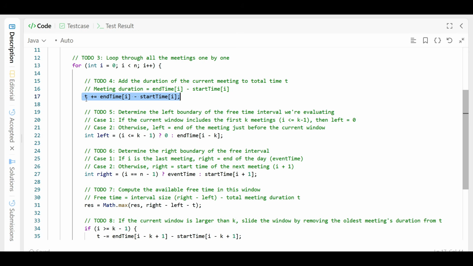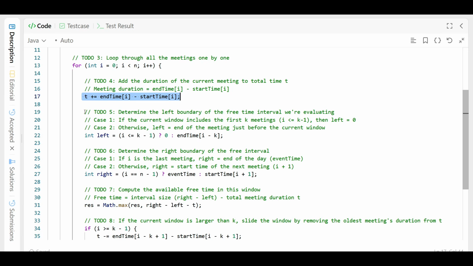So this is the duration that we add for the current meeting. We take the end time minus the start time of the meeting, so we will get the meeting duration.